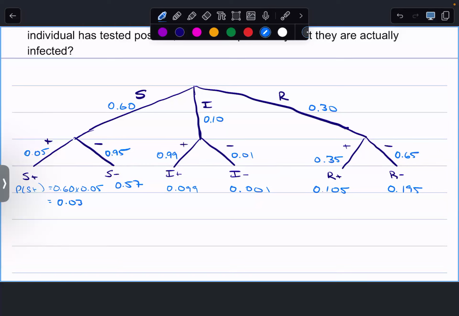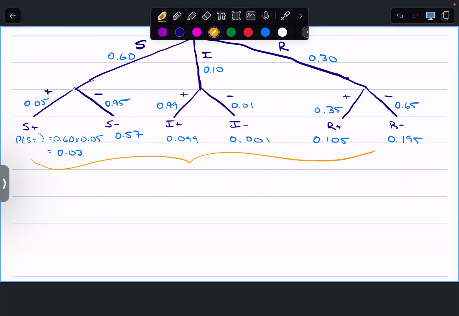And in this case, I tend to choose values that give you kind of nice short numbers or relatively short, because now I can make sure that these all add to 1. So 0.03 plus 0.57 plus 0.099 plus 0.001 plus 0.105 plus 0.195 equals 1. Yay!